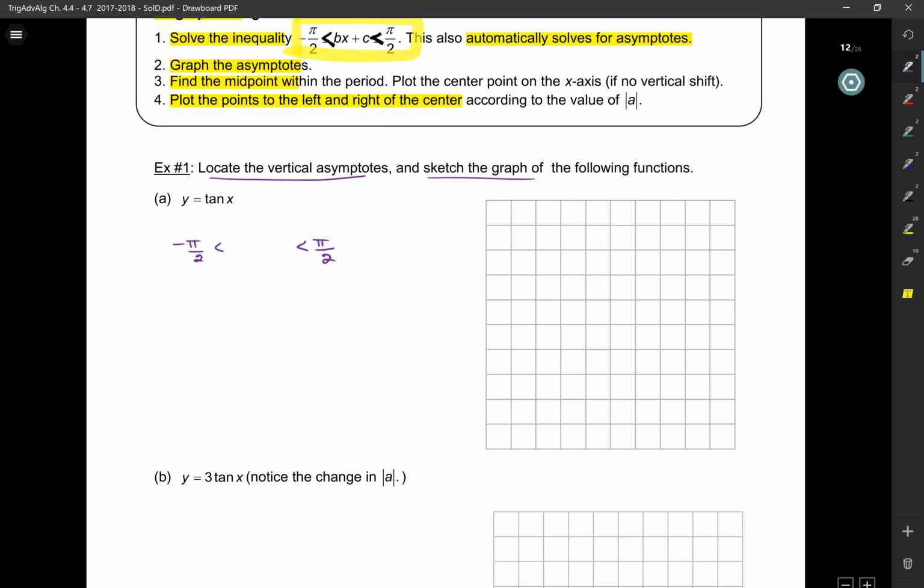So here, in here, we put this, just like before. This is the simplest case scenario. We just have an x in there, and look, it's already solved for us. We're good to go. So now my asymptotes are at negative pi over 2 and pi over 2.